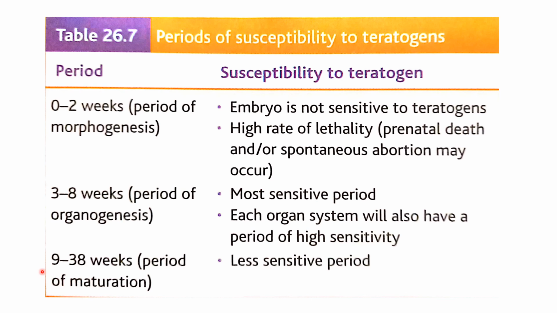Beyond that, from the 9th to 38th week of gestation, it is a less sensitive period. This is a growth period. The period of organogenesis is the most susceptible period for teratogenicity.